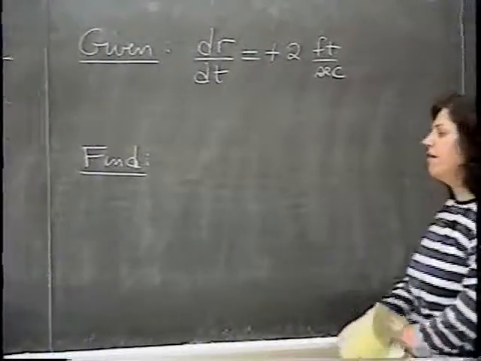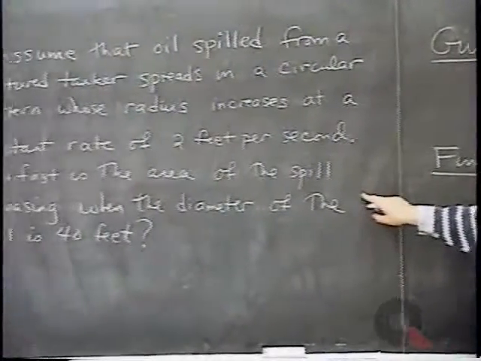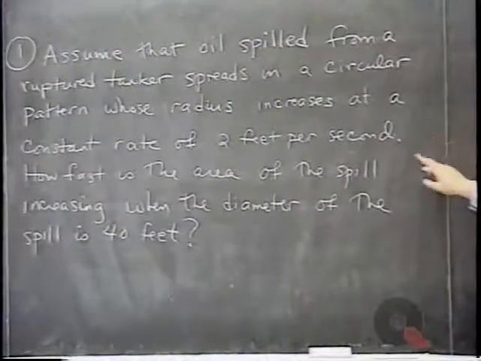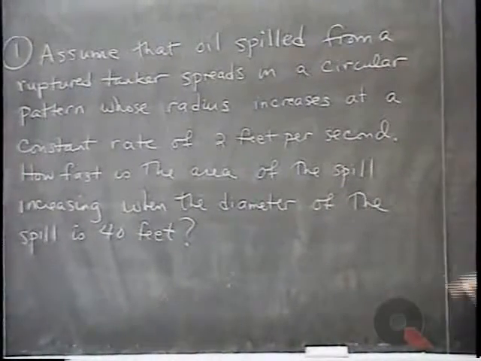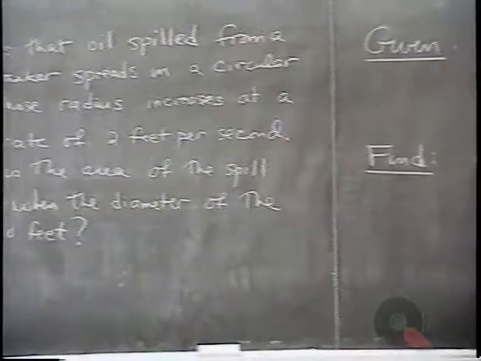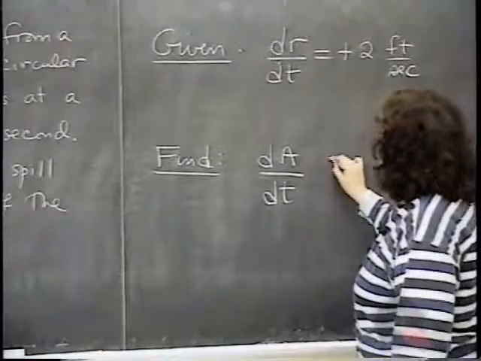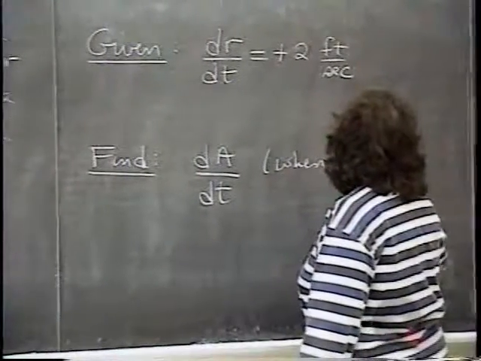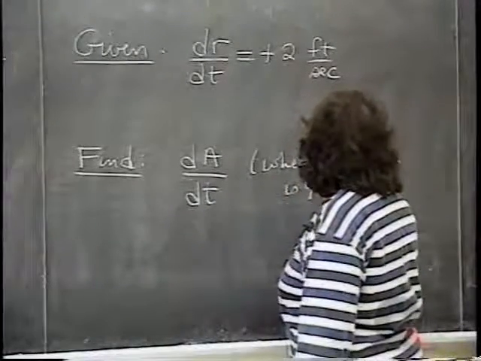Now we're looking to find how fast the area of the spill is increasing. If A represents the area of the spill, we want to find how fast A is increasing when the diameter of the spill is 40 feet. So we want to find dA/dt at the moment when the diameter of the spill is 40 feet.